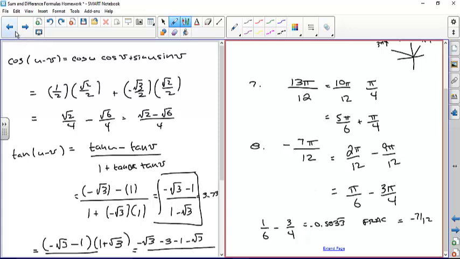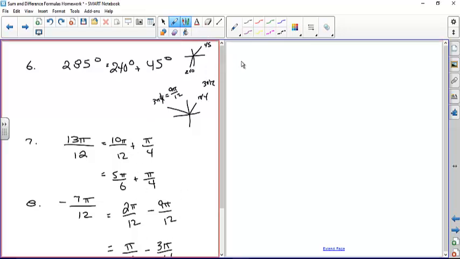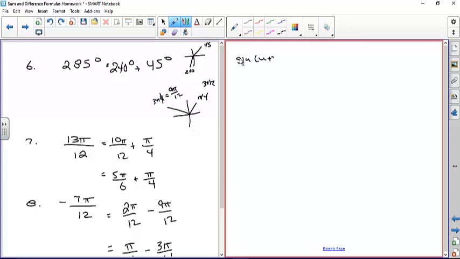So now that I have all that stuff figured out, I can just use the appropriate formulas. So here we're adding, here we're adding, here we're subtracting. So we can use the same formulas for the first two. So the sine of u plus v equals the sine of u cosine of v plus the cosine of u times sine of v.